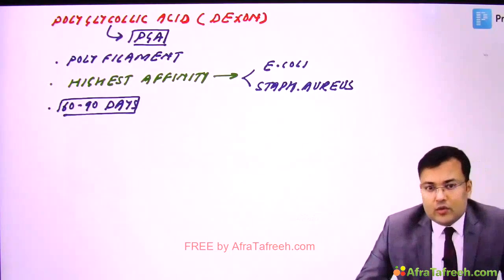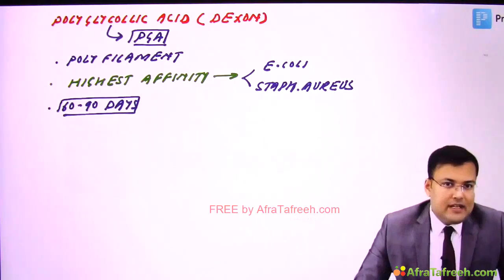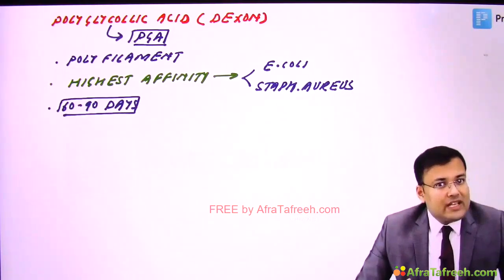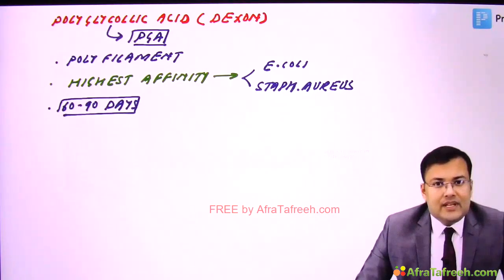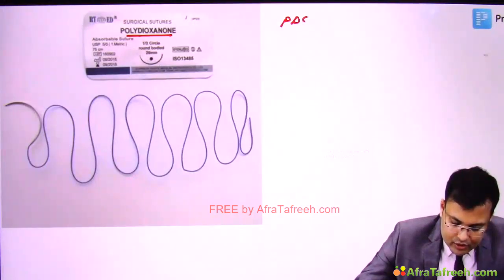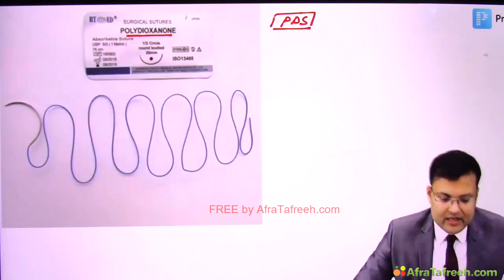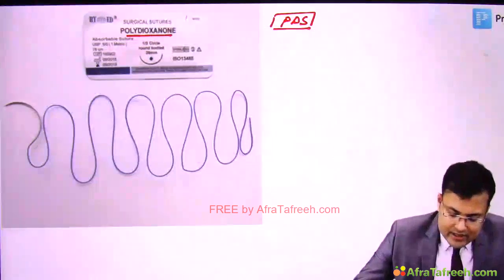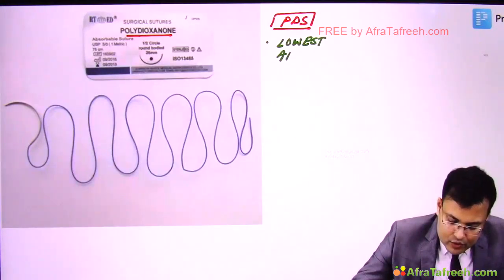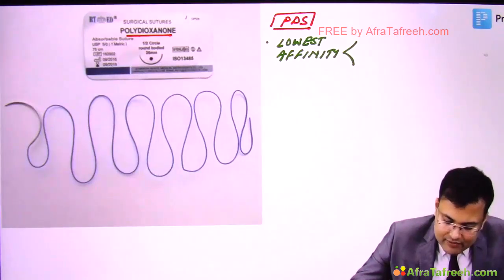Now there is a suture which has the lowest affinity for adherence to E. coli and Staph aureus, and that suture is absorbed in 180 days. What's the name? This is PDS, also known as polydioxanone. Clear? Important point: this suture has the lowest affinity for adherence to E. coli and Staph aureus.